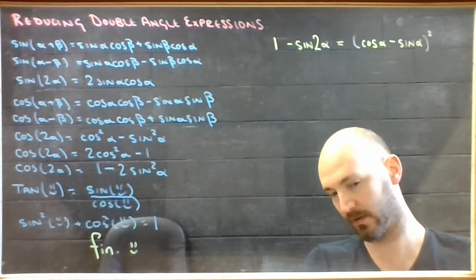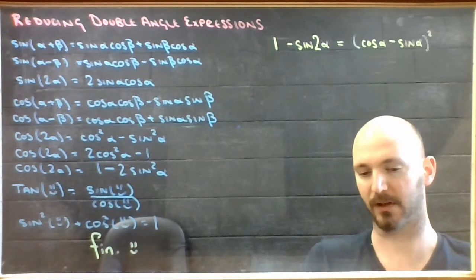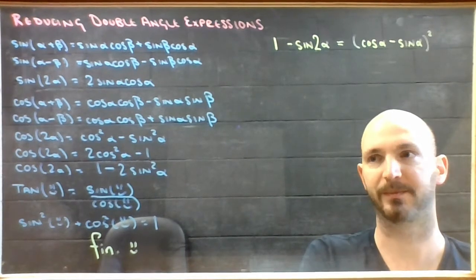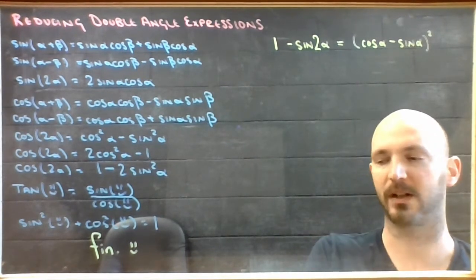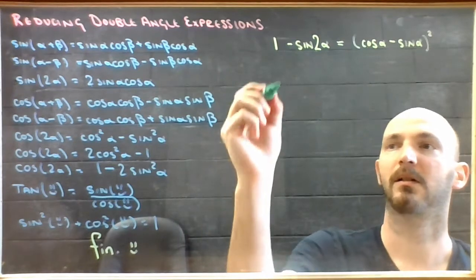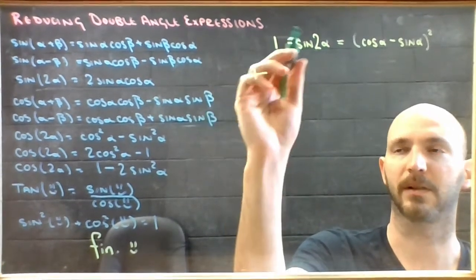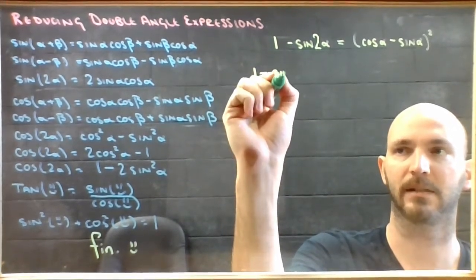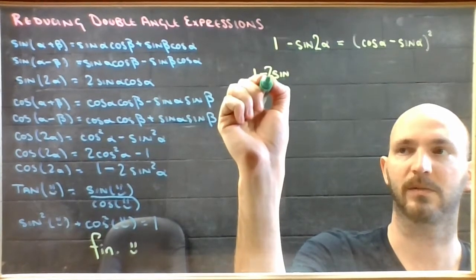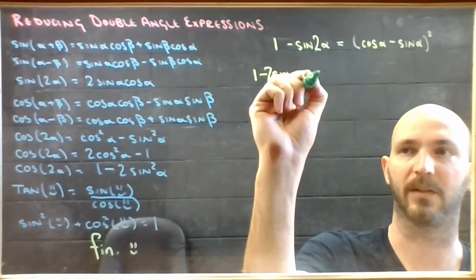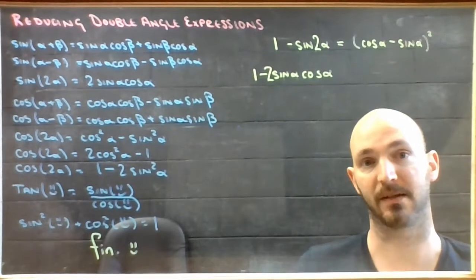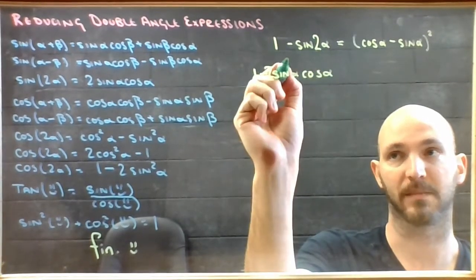So I'm going to do that. Where's my marker? Well, let's do it in blue. No, I'll do it in green. So I'm going to write 1 minus 2 sine alpha cos alpha instead of this expression here. That's my left side.